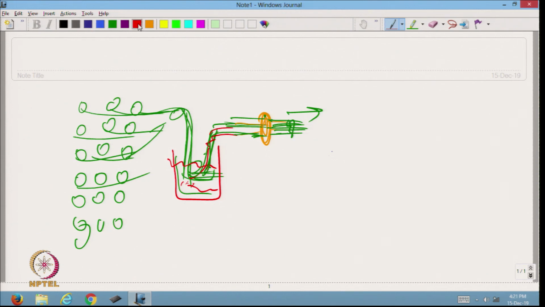So, this is the reinforcing material shown in red. We will get the composite, but here we need one pulling arrangement, maybe roller pulling or maybe another type of pulling. We have to pull the reinforcing material through the die.